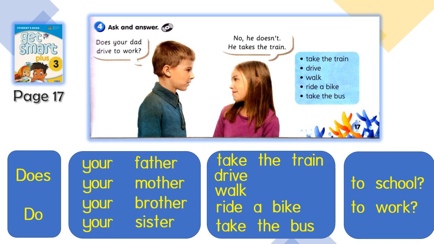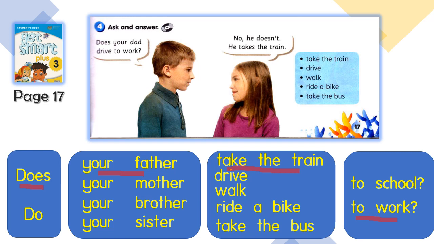So let's start with the first question. Does your father take the train? Which one to choose? To work. So, does your father take the train to work? Your partner will answer this question.